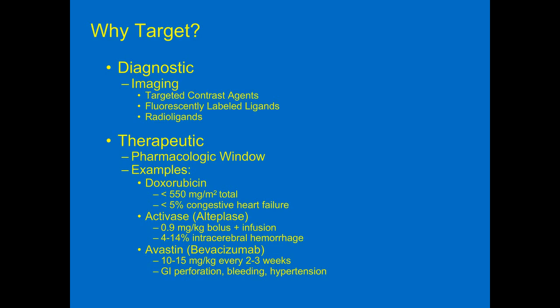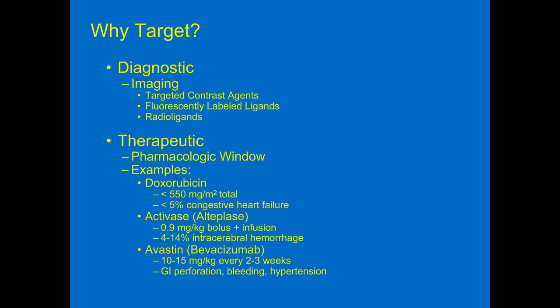Now, there are a number of diagnostic applications where you have direct conjugation of your binding ligand to the imaging agent, and there are a lot of fluorescent compounds of this sort. These are fluorophores. Recently, there's a particular interest in infrared fluorophores, which have more penetrating capacity.